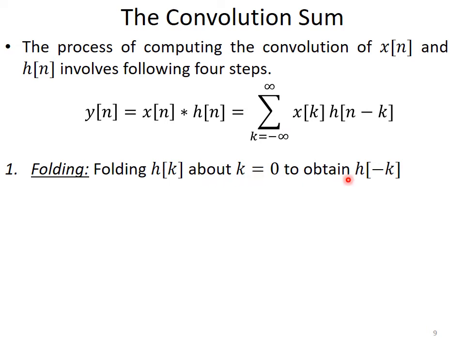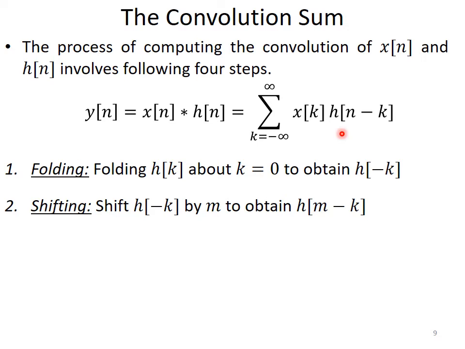So from the equation of h of k, find out h of minus k. Apply time reversal and find out what is h of minus k. Then the next step, after folding, obviously you have to apply the time shifting property on h, because h is folded as well as shifted by n samples, right?